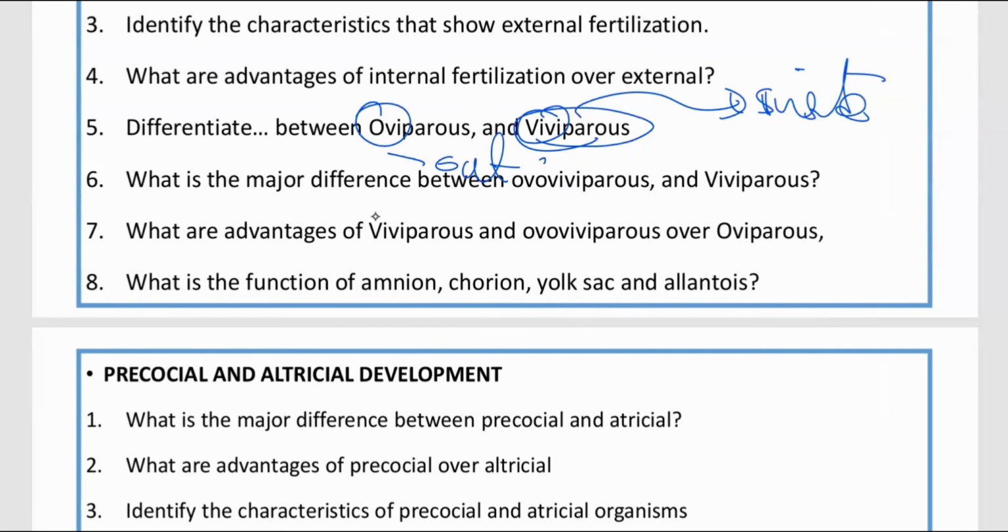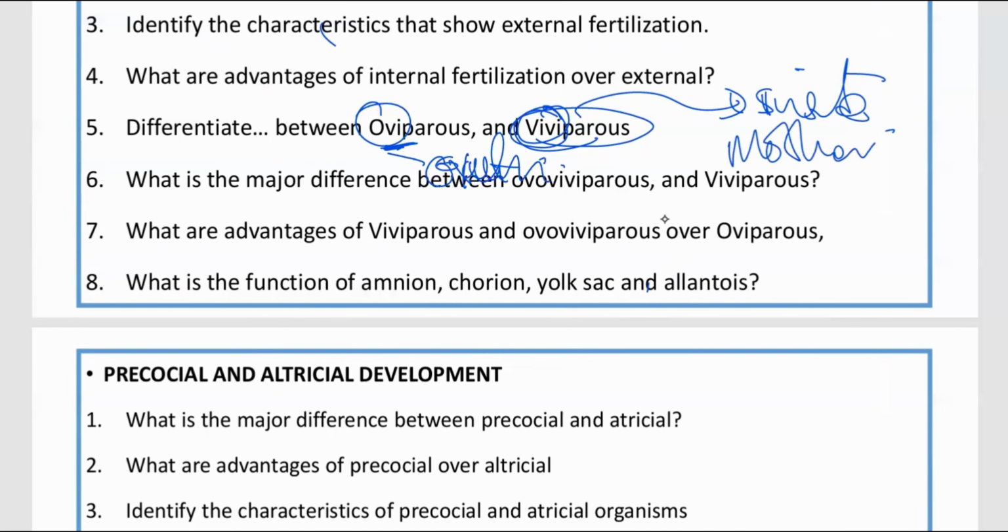So when this happens, here the embryo obtains nutrients from the ovum, which is outside the mother's body. Here, in vivi, the embryo obtains nutrients from the mother.